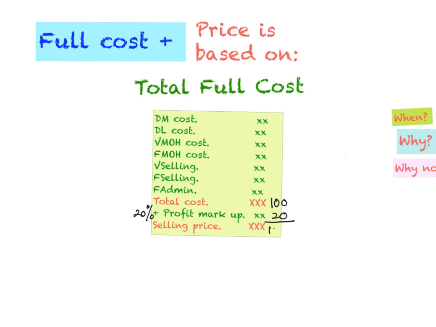Then the selling price will be 120 ringgit. So based on total full cost of 100 with 20% profit markup, you will get 20 ringgit profit, and the selling price will be set at 120. This is the price that you are going to charge your customers for 1 unit of your product.